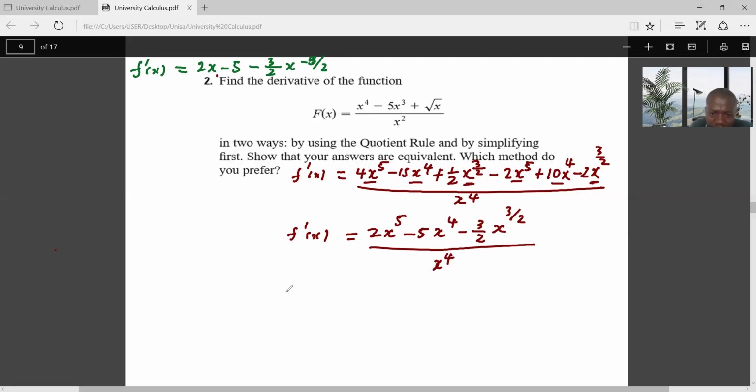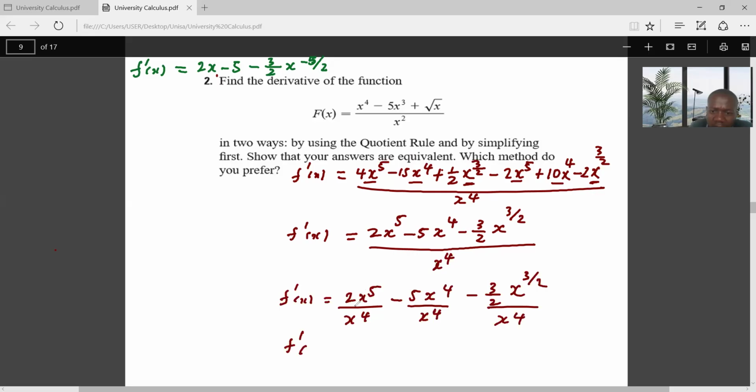So we can now simplify this. We can say this is 2x to the power 5 divided by x to the power 4. Same applies: x to the power 4 divided by x to the power 4. Same applies: 3 over 2, x to the power of 3 over 2 divided by x to the power 4. Let's now simplify this.